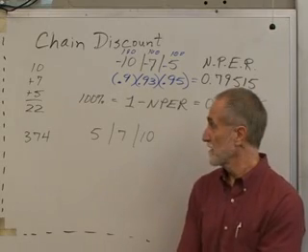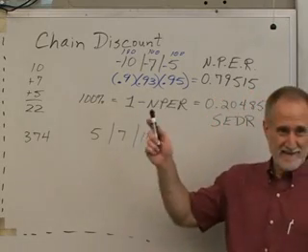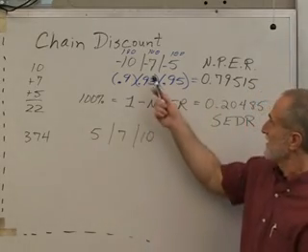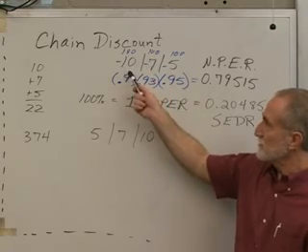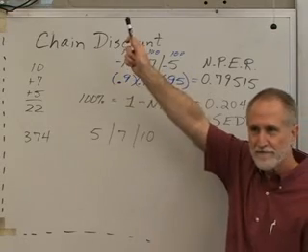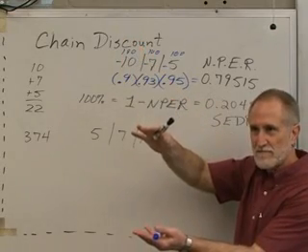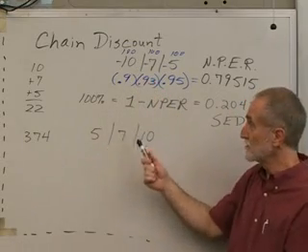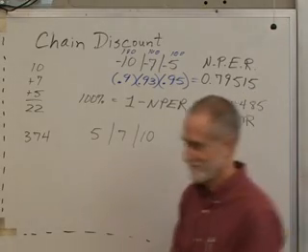347, okay? So you might think, I thought when I first saw this, that this would be a better discount because you're taking the biggest number off the biggest amount. Seems like this would be a bigger discount than that. But as it turns out, how do we figure these?